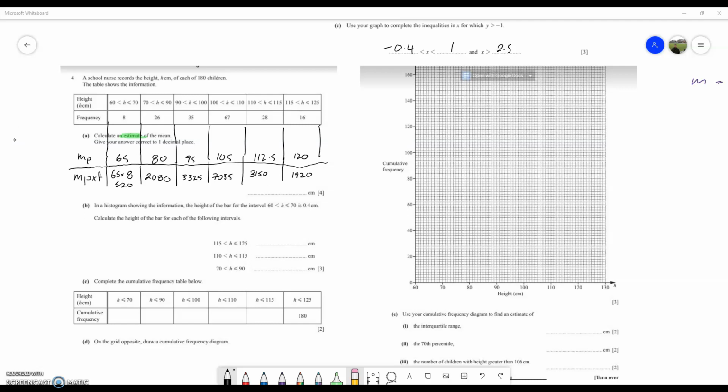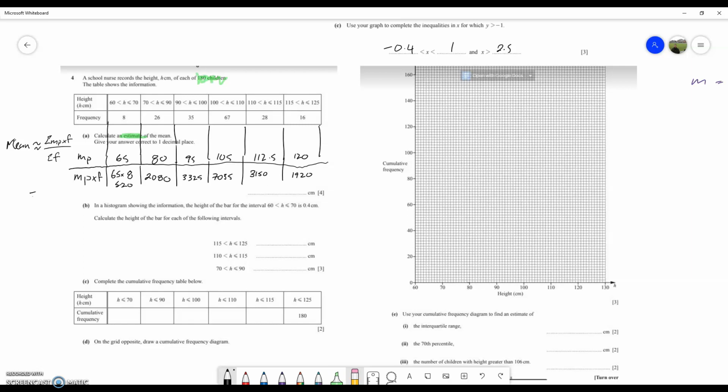Now that I've found the totals for each midpoint times the frequency, the mean is going to be an approximation: the sum of all the midpoints times the frequency, divided by the sum of the frequency. I can work out the sum of the frequencies is 180 from up here.